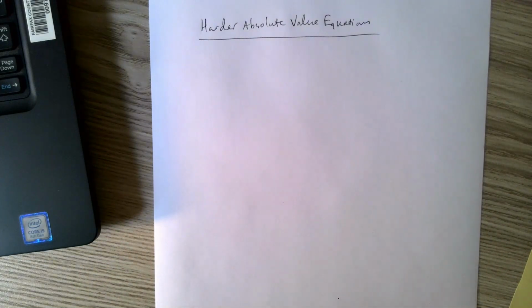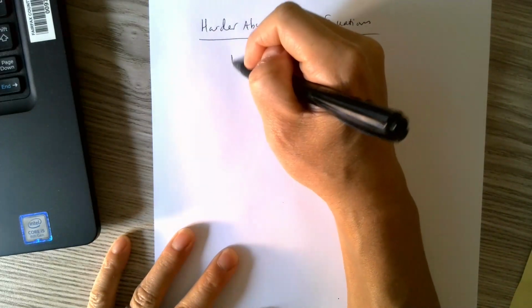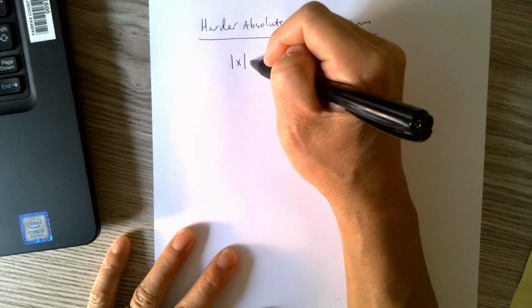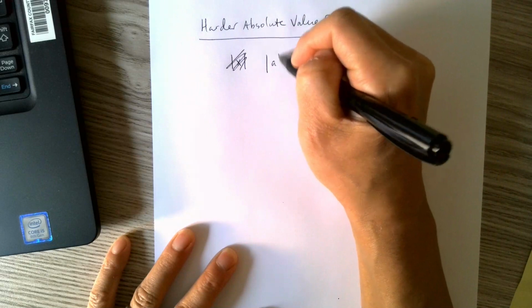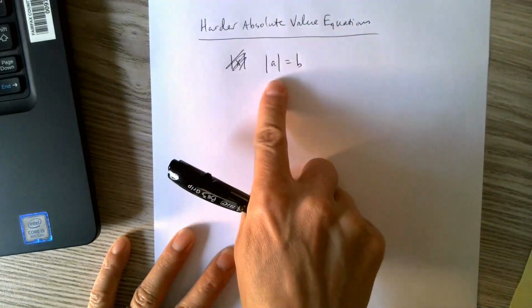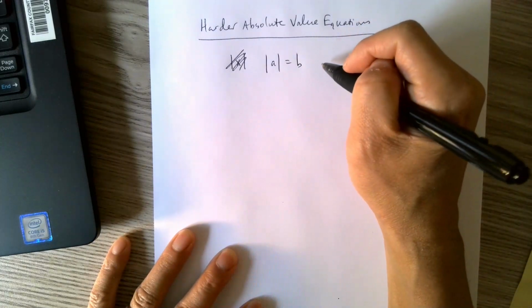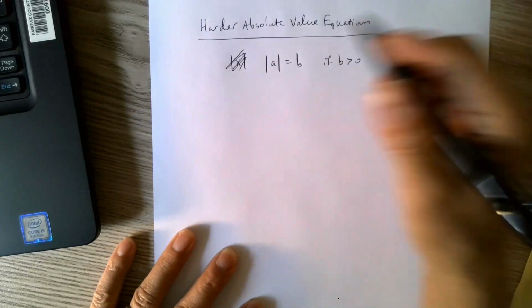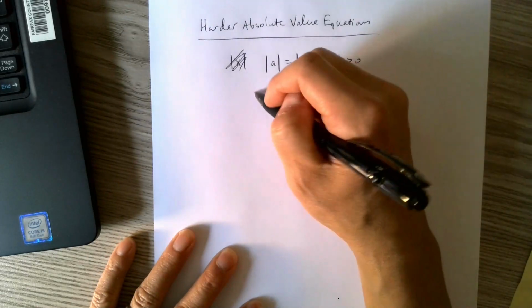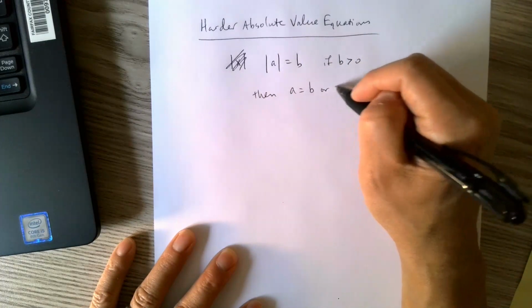Okay, last time we already did simple absolute value equations. And I said that in general, if you have an absolute value equation and the absolute value is isolated, and if b is a positive number, then a equals b or negative b.